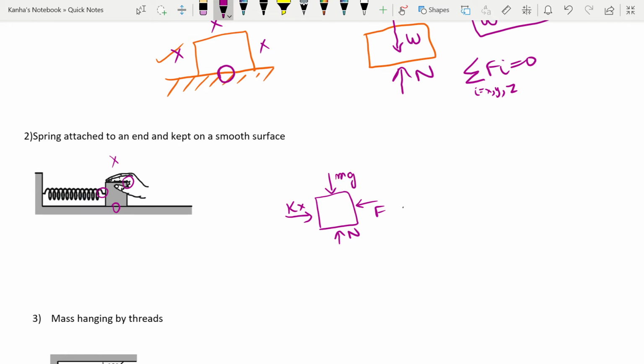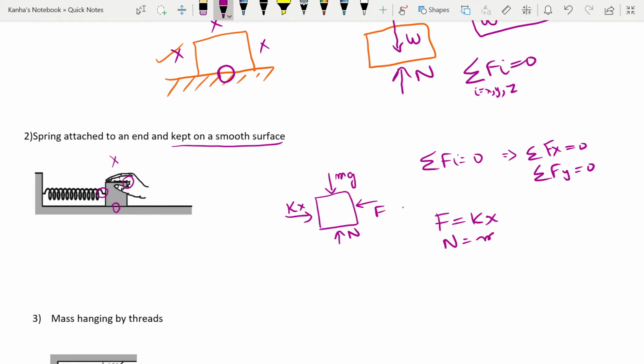If I use summation Fi is equal to 0, because it's kept on a smooth surface, that implies summation of Fx is equal to 0 and summation of Fy is equal to 0. So forces in the x direction and y direction need to be 0. I'm just telling it here once so that there is no ambiguity. So I can easily write this as F is equal to kx and N is equal to mg.